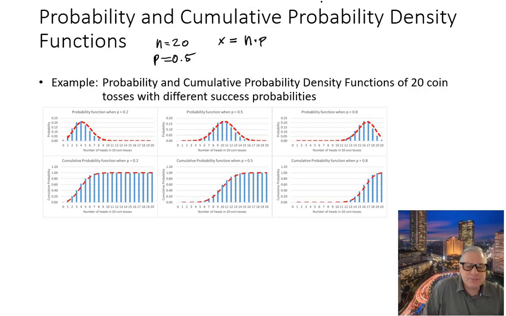So there's a variation around it too. And the variation of a binomially distributed variable, the variance, is n times the success probability times the failure probability, 1 minus p.